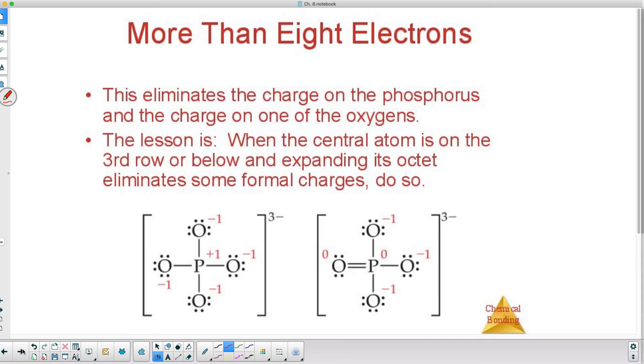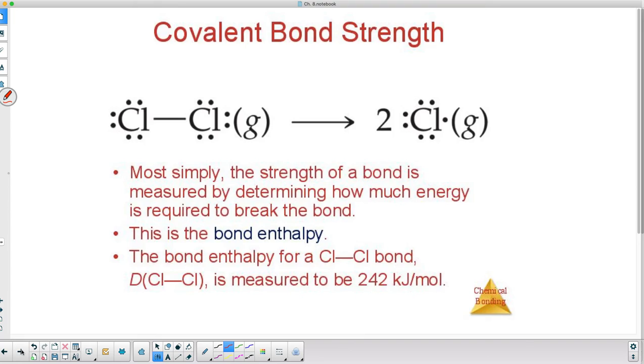So more than 8 electrons eliminates the charge on the phosphorus and the charge on one of the oxygens. So the lesson is when the central atom is in the 3rd row or below, expanded octets eliminate some formal charge issues. So this one actually is the more stable of the 2.